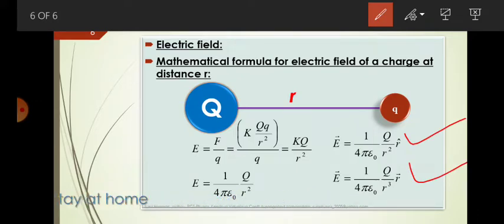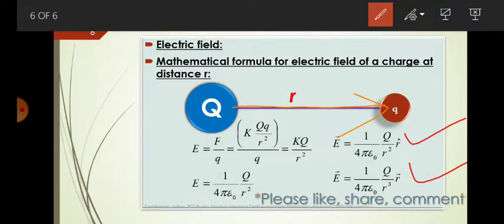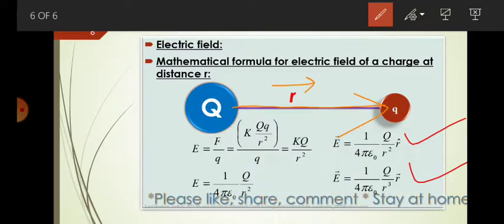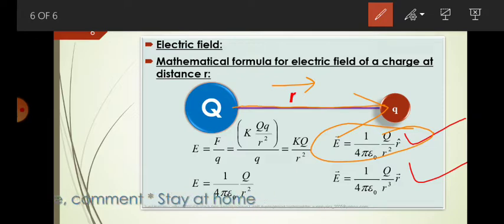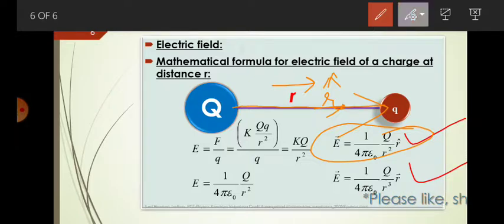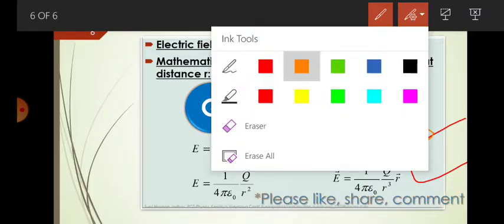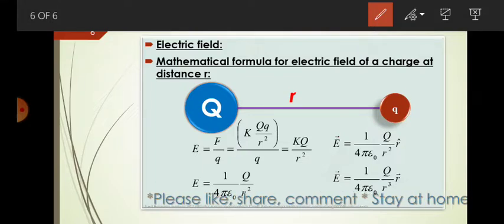As far as this vector r is concerned, it will be taken along this line like this. This is vector r. In this formula we have taken only the unit vector r, which can be represented along the same vector. The unit vector simply gives direction, and vector r is from capital Q to this small plus q.